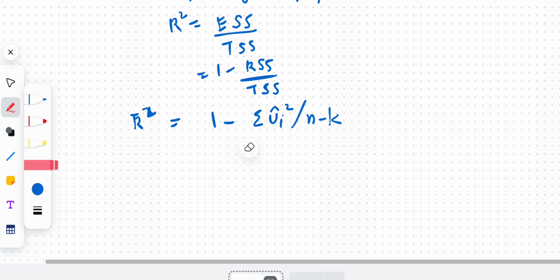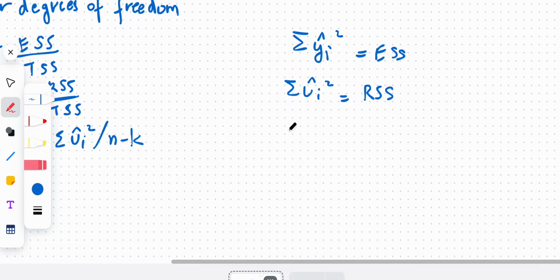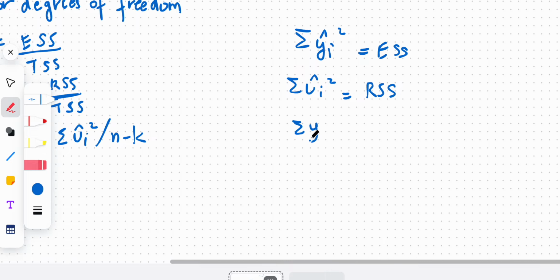So in any variation case, this is my explained variation, this is my residual variation, and this is my total variation.